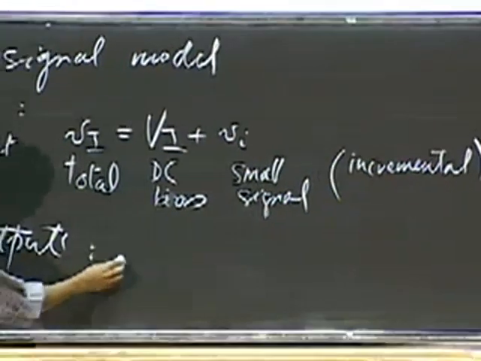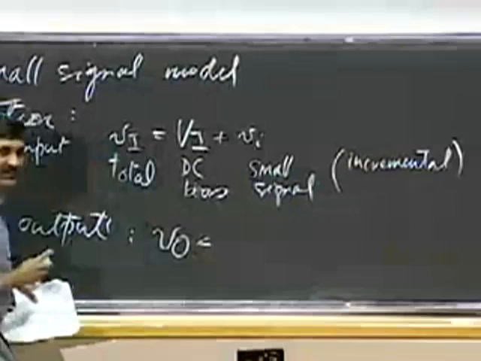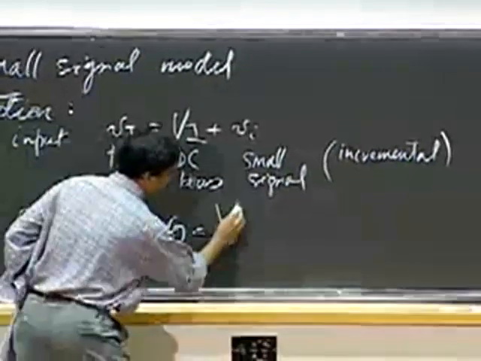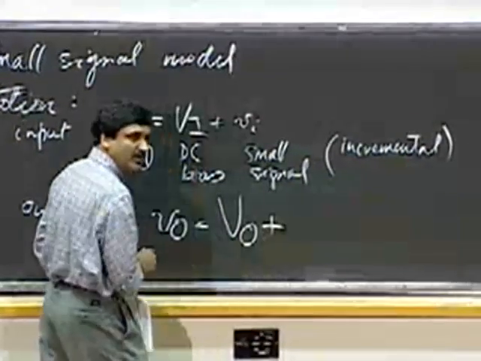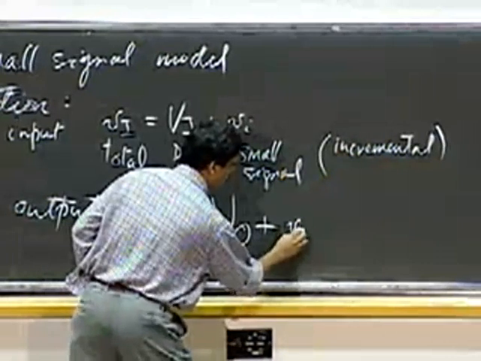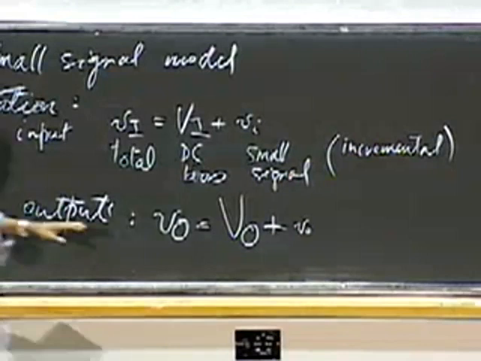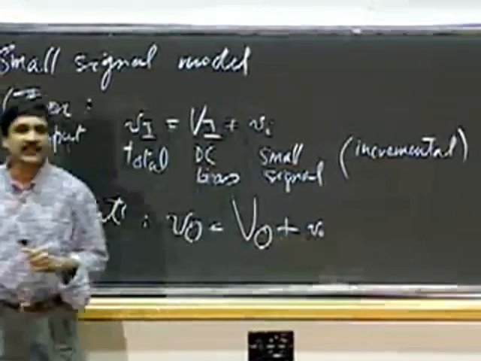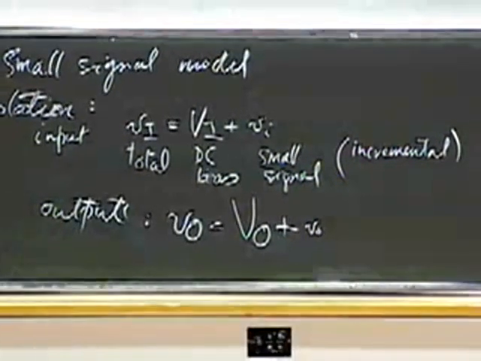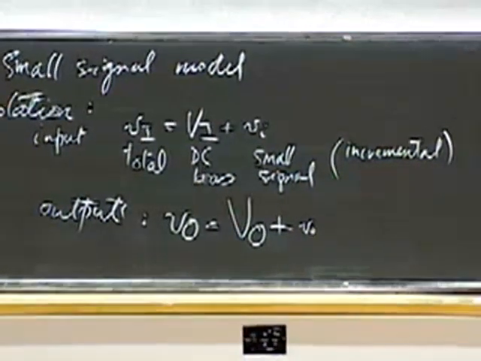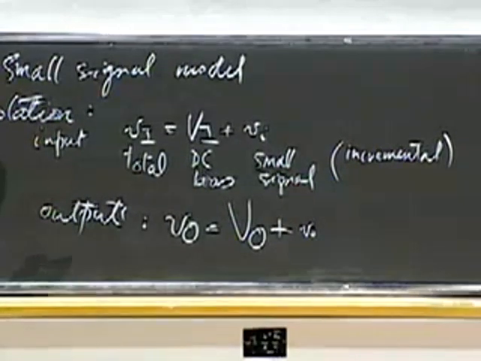Similarly, at the output, my total variable is a sum of the output operating voltage and the small signal voltage. I don't like using O's in symbols because big O and small O is simply a function of how big you write them. It's not super clear.